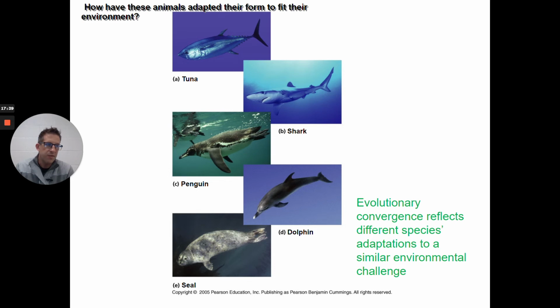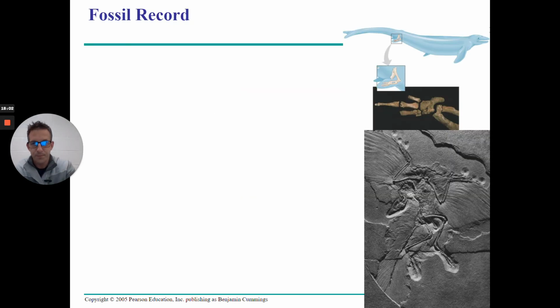And the reason for this is not because they share a common ancestor, but because the environments that they happen to live in dictated which features are going to help them survive the best. And so they all kind of converged on this similar body form, okay? So evolution being driven by the environment and random mutations is what it's all about, okay?